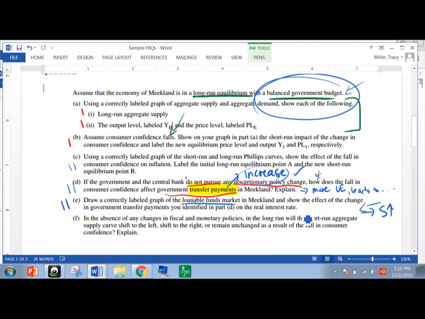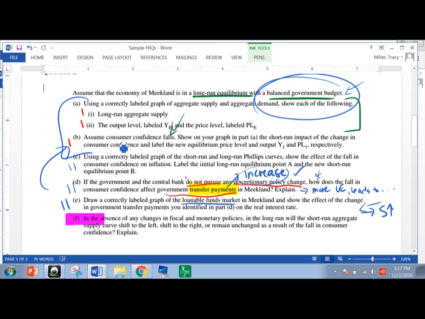So now, this is, I think, the most challenging part of the question, and it's getting into this whole concept of long run. And I think that for a lot of us, this is kind of new still, but you're probably getting the hang of it. In the absence of any changes in fiscal and monetary policy, so imagine if we go back up to here with the fall in consumer confidence, and there was no government interaction.